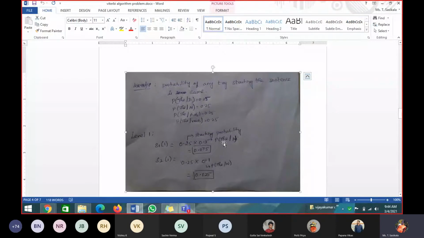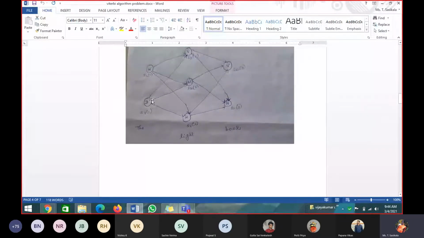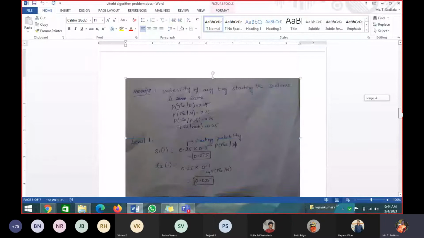Here there is no tag transition probability because it is the start of the sentence. For the starting word, it is the starting probability times the word probability. S1 of 1 is 'the' as a determiner. You multiply only for level 1. From level 2 onwards, we have tag transition and word transition.